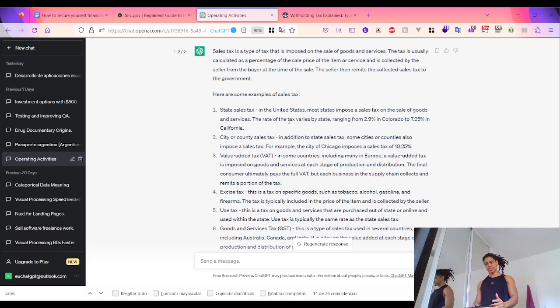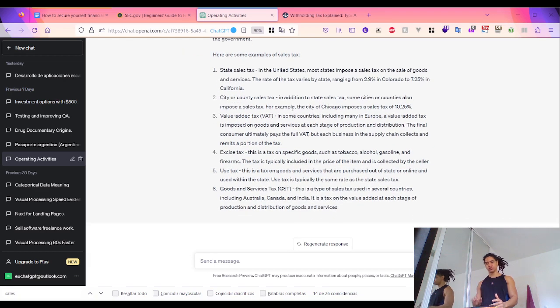So this is imposed on goods and services at each stage of the production and distribution. Ultimately, the consumer pays the full VAT, but each business in the supply chain collects and remits a portion of the tax.